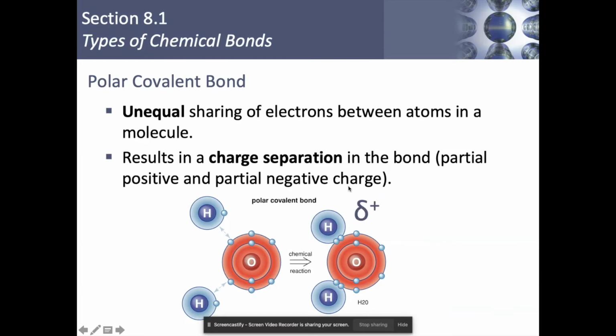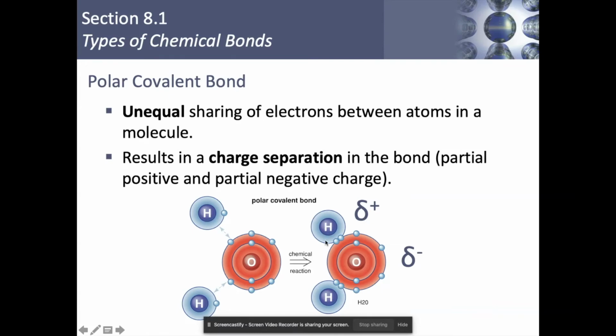And so what we like to utilize when we're talking about polar covalent bonds and polar covalent compounds is this Greek symbol. It's a lowercase delta with a little positive sign. And so there's going to be a partial positive part of a water and a partial negative part of the water. So the partial positive part is going to be the part of the water molecule that doesn't get to spend as much time with the electrons.